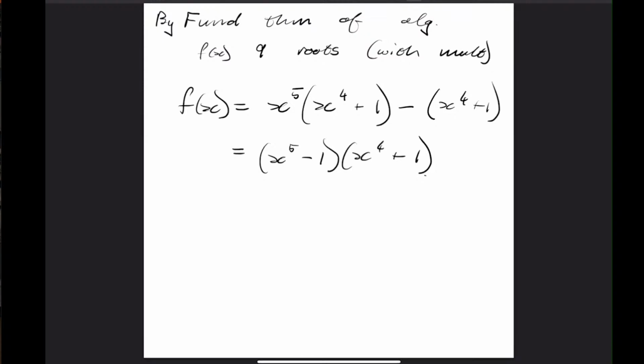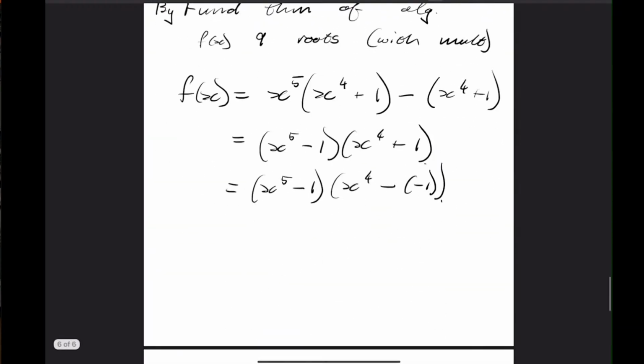So notice here we have a factor x to the n minus 1, and here we have another factor. Let's write it this way, x to the 5 minus 1 and x to the 4 plus 1.